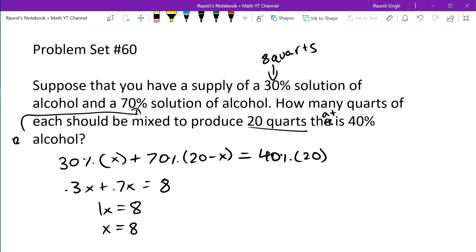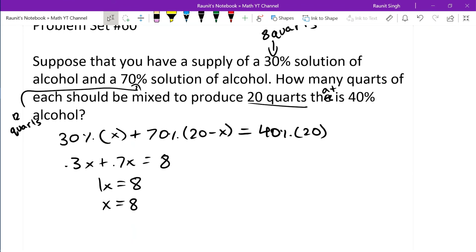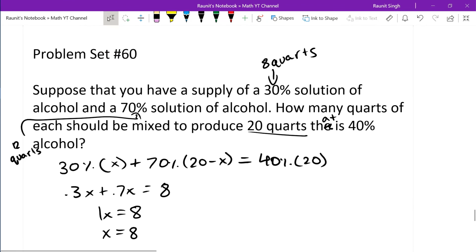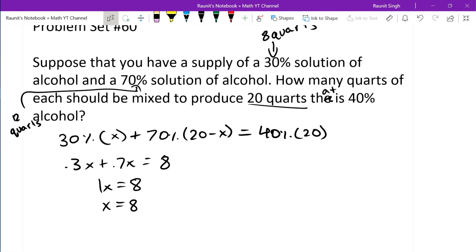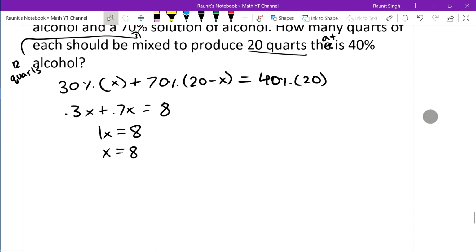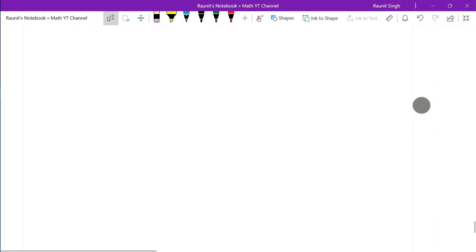Oops, that's a G, not a Q. Quarts. And we all know that 12 plus 8 is equal to 20. So yeah, that is it. That's the last one.